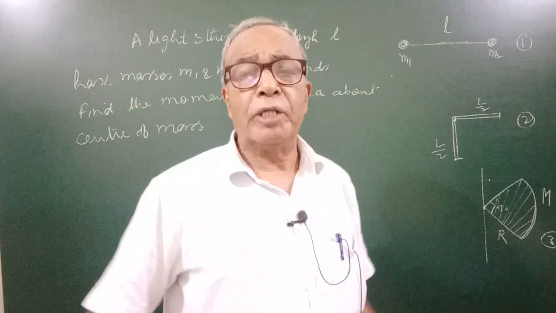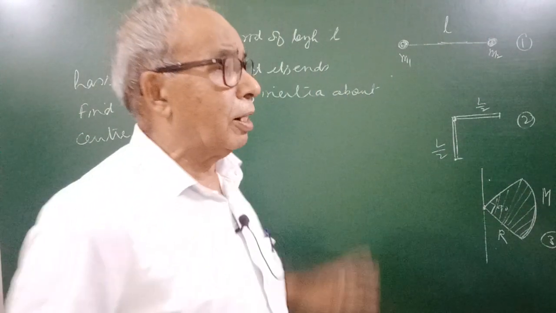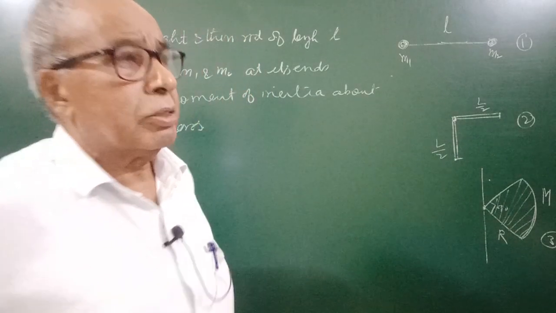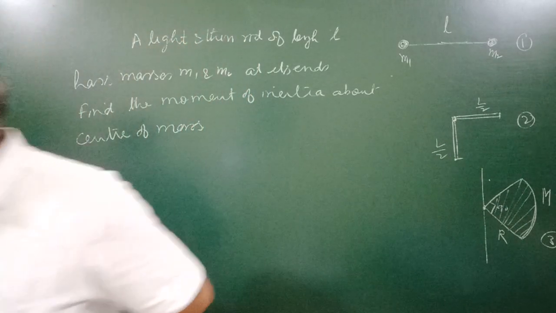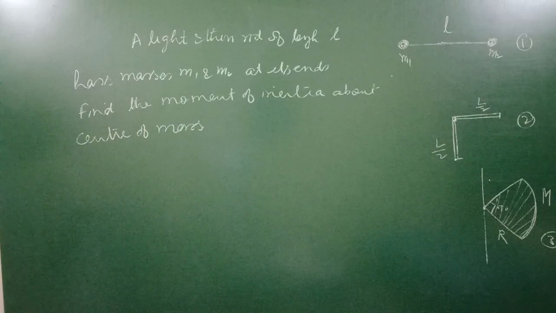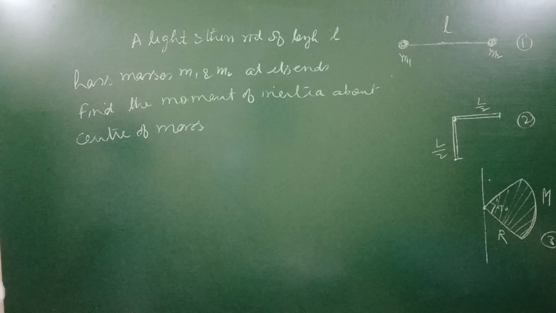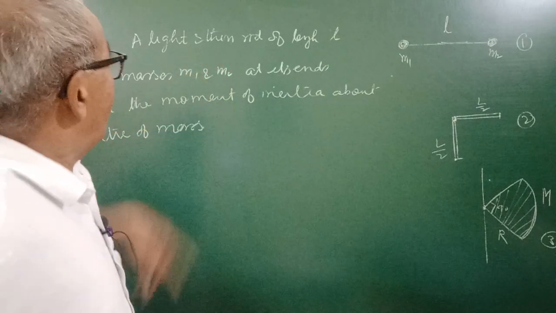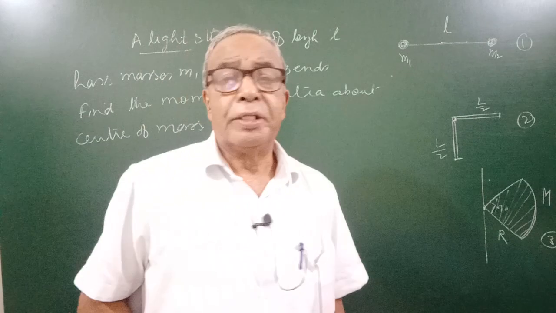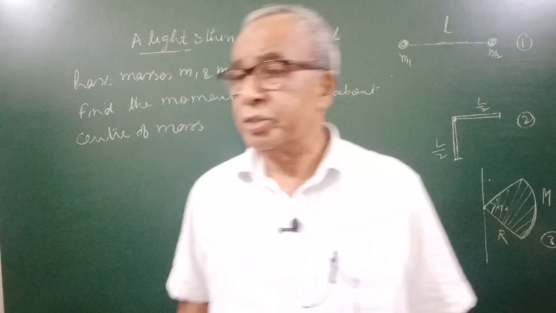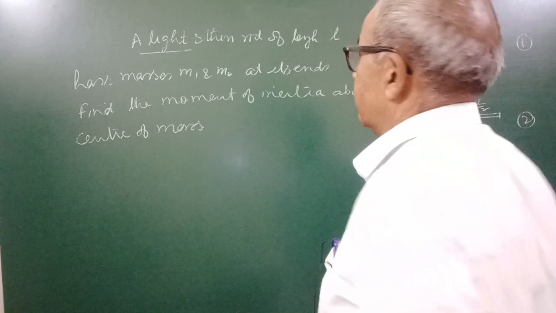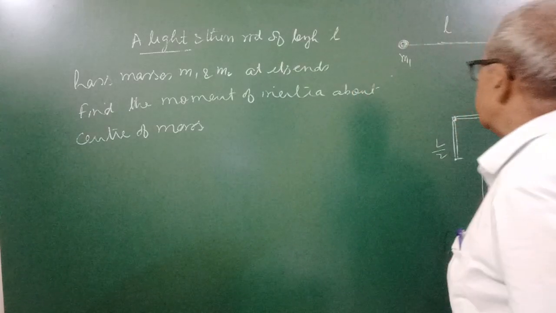M1 and M2 are two masses at the ends of the thin and light rod. I want to explain you again here. Thin light means the rod has no mass. We have written here that the rod has no mass. When you are told light, halki, it means no mass. So the mass of the rod is not under consideration.